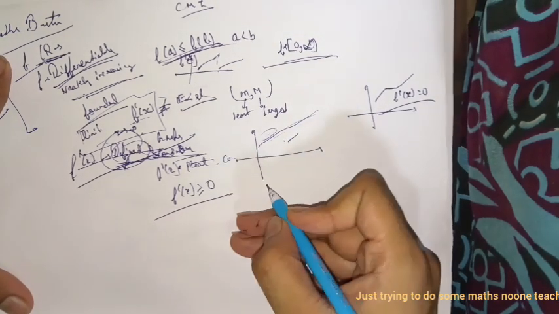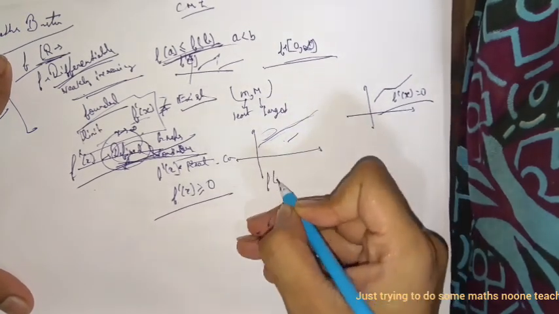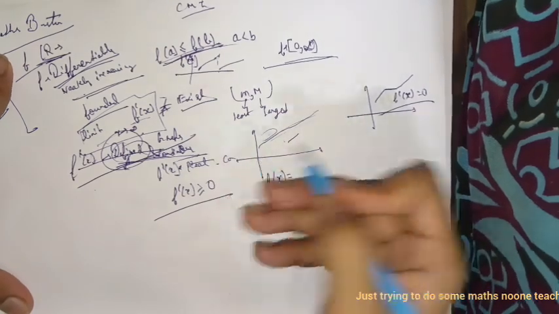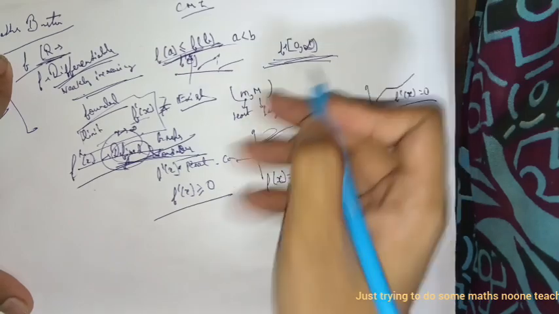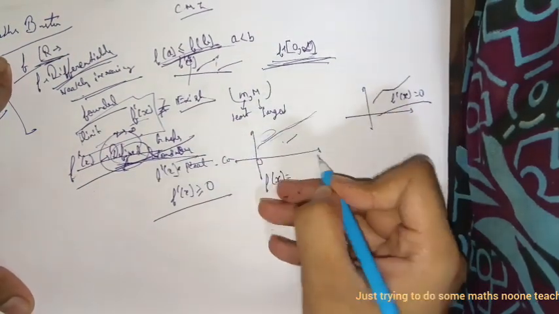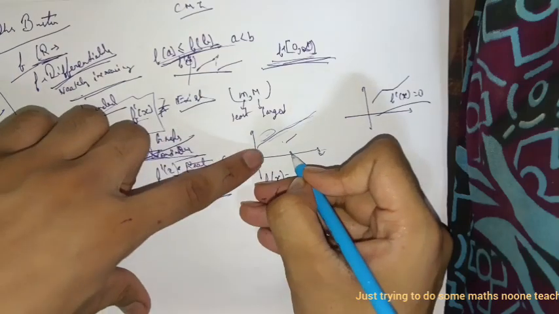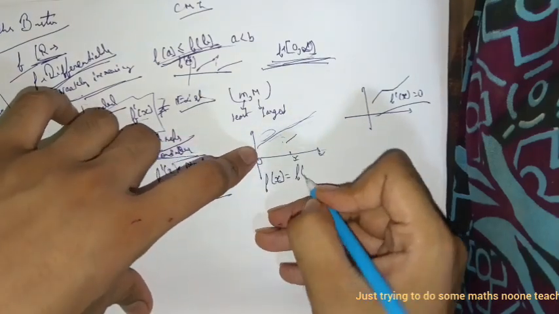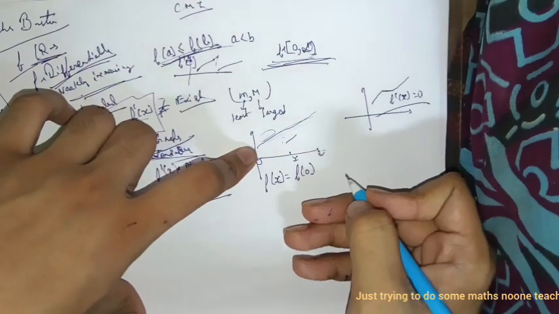That f of x increases, it is also greater than 0. So f of x basically increases from, let us take this for an easy case, 0 to infinity. So f of x at some point between this would be something greater than 0, or it can also be equal to 0.